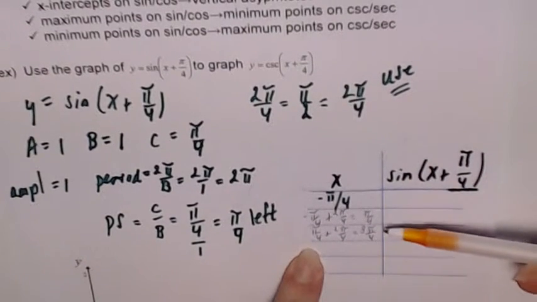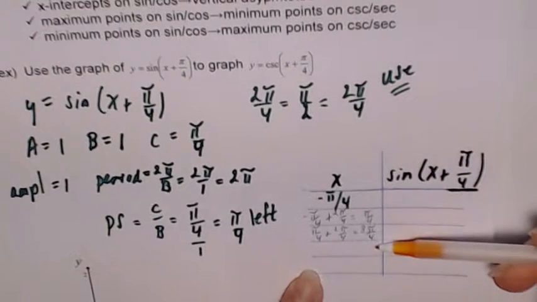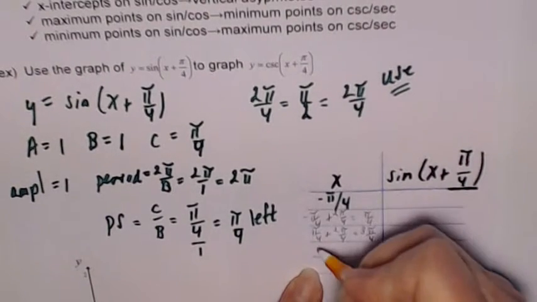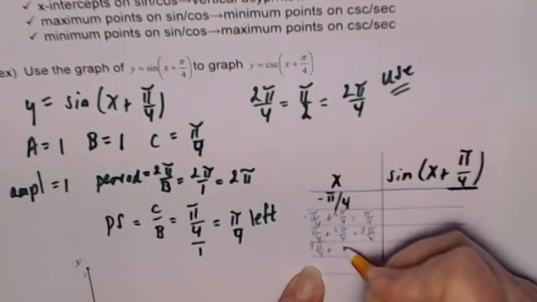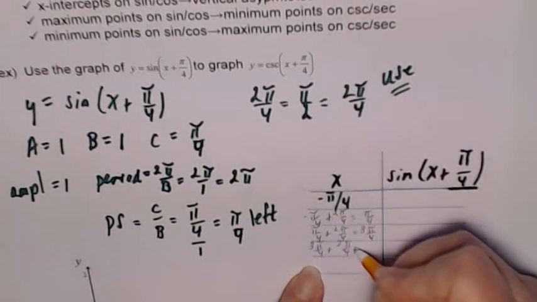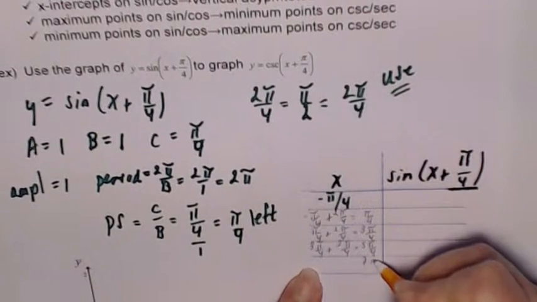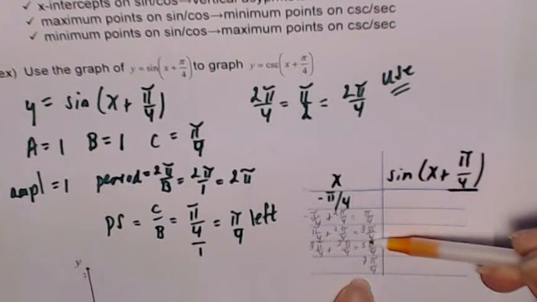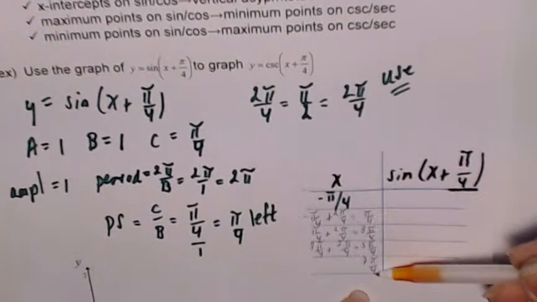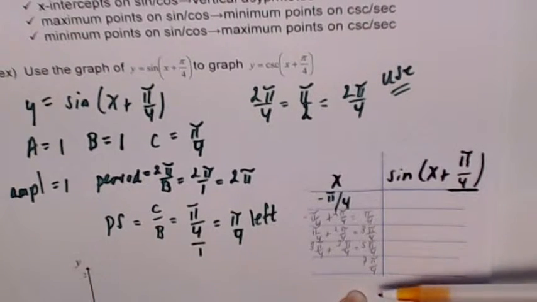So I think you can see the pattern here. Pi over 4, 3 pi over 4. Dare we guess the next one will be 5 pi over 4, but let's take a look. 3 pi over 4 plus 2 pi over 4 does indeed give us our 5 pi over 4, and then this would be 7 pi over 4. 5 plus 2 is 7 pi over 4. So here are our 5 key x angles.